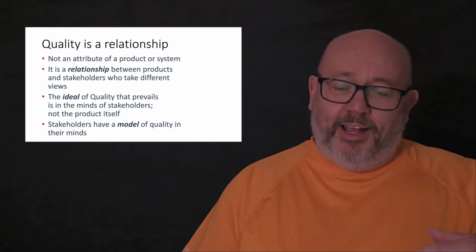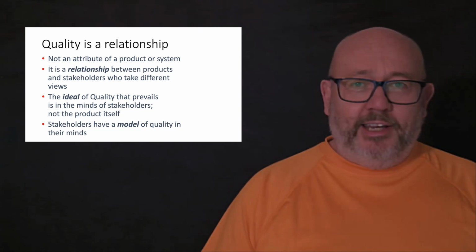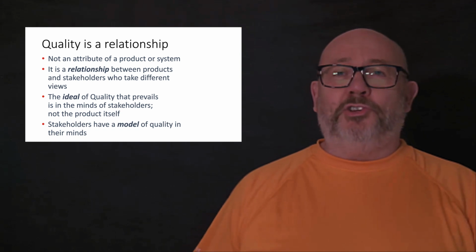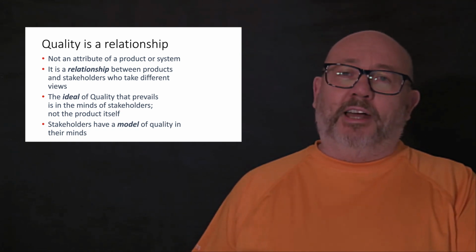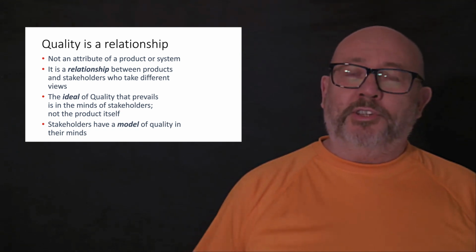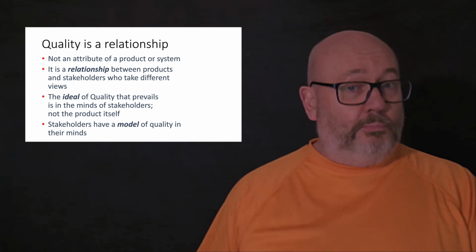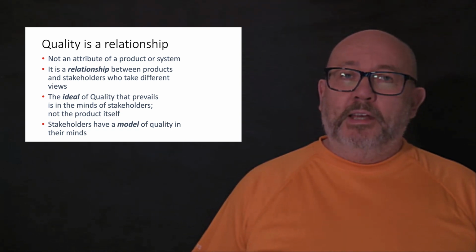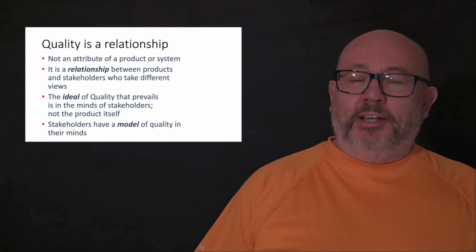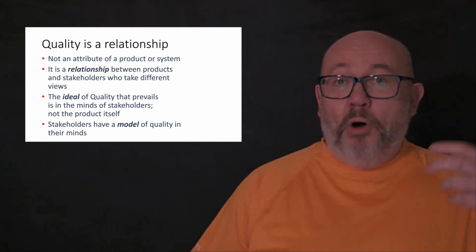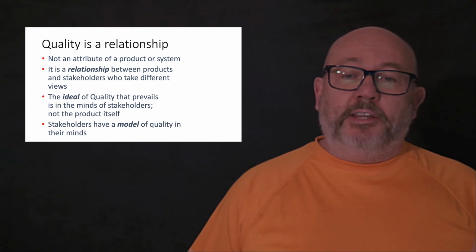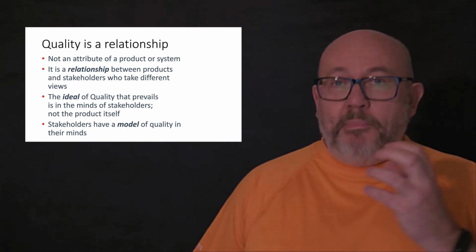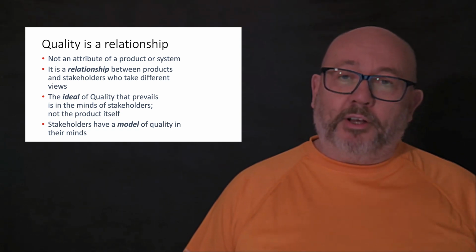It's, if you like, a loosely defined definition of the experience that individuals have with the systems that they are using or perhaps testing. Now, in the heads of our stakeholders, the ideal of quality, the model of quality, if you like, that prevails is in their minds. It's not in the product itself.